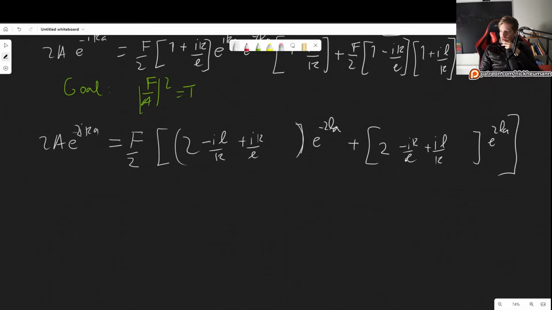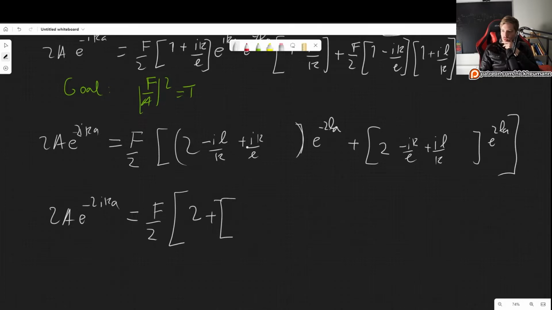And now we could take this and basically multiply, or take a common denominator. So we have 2a e to the minus 2iKa equal to f over 2 factor of... And now we have 2, nothing changed. But let's take a common denominator between these two expressions. So plus here.